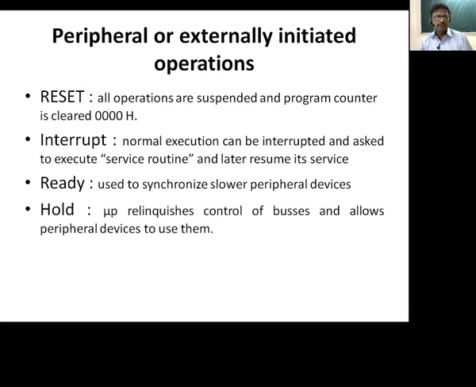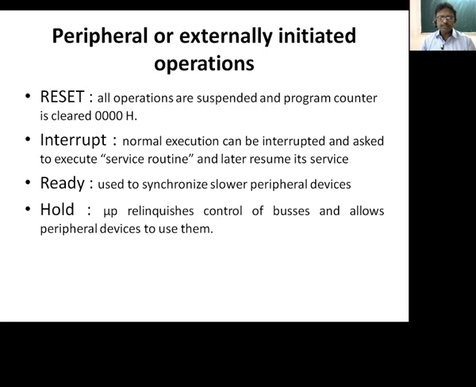And the fourth externally initiated signal is the hold signal, which is normally used for direct memory access data transfer. I have already told you that you don't have any direct instruction by which you can transfer the data from one memory location to another memory location, or from one device to another device.